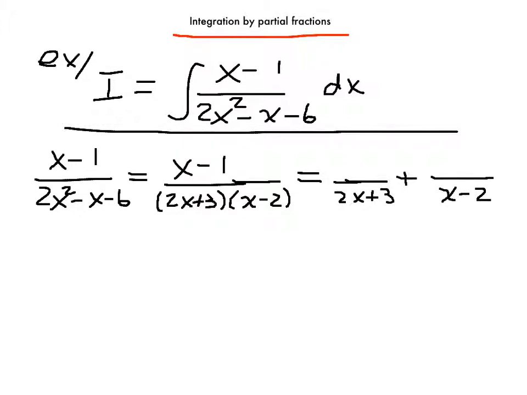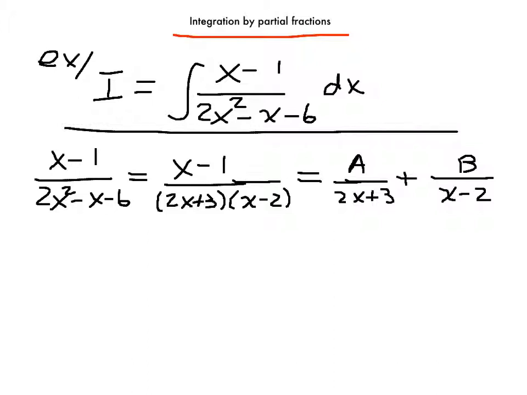And really this whole task is finding out what the numerators should be. So I'll call that A, and I'll call that B. And now we work forwards, and we simply add them together, and we're going to get an expression that involves A and B, and we'll figure out what A and B are. And then when it comes to integrating these two expressions, that will be easy because they will be ln's.